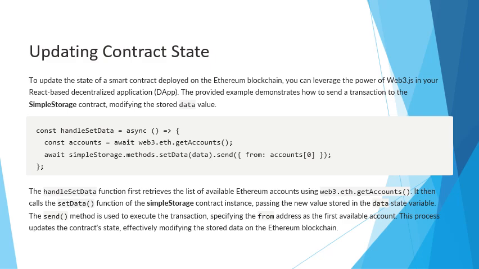It then calls the setData function of the SimpleStorage contract instance, passing the new value stored in the data state variable. The send method is used to execute the transaction, specifying the from address as the first available account. This process updates the contract's state, effectively modifying the stored data on the Ethereum blockchain.